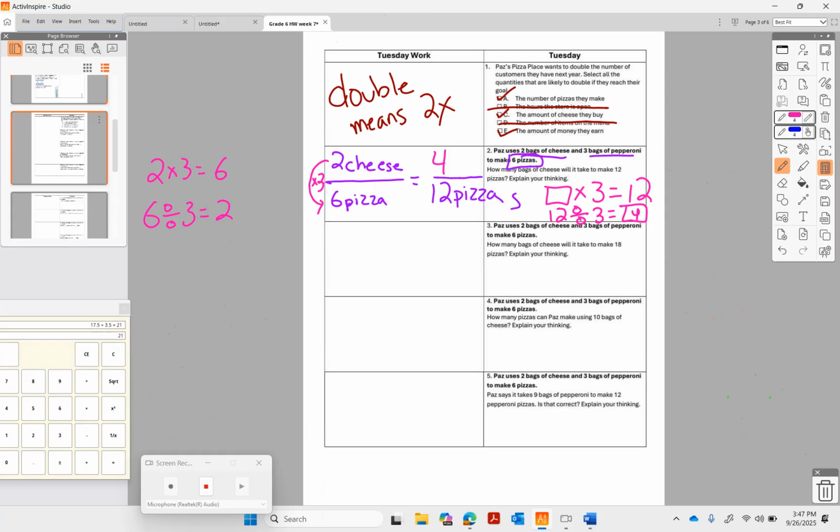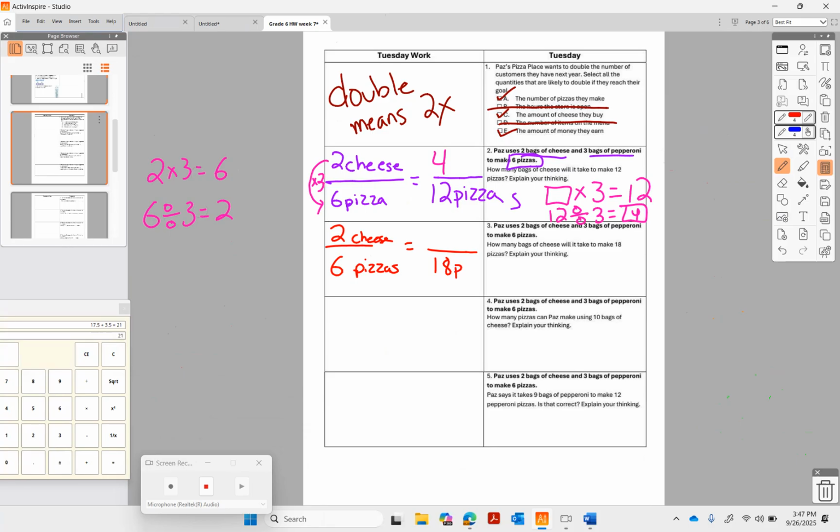Next one, Paz uses 2 bags of cheese and 3 bags of pepperoni to make 6 pizzas. How many bags of cheese will it take to make 18 pizzas? So again, I have 2 cheese to 6 pizzas. Okay, I want to get to 18 pizzas.